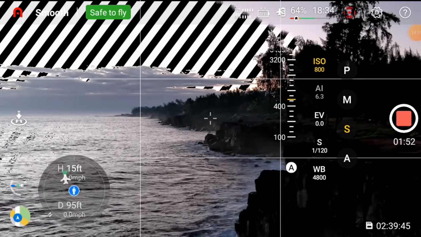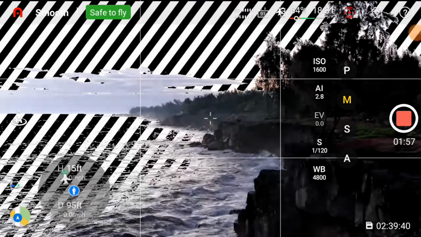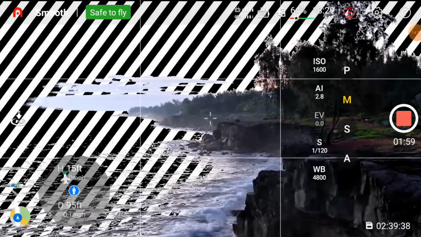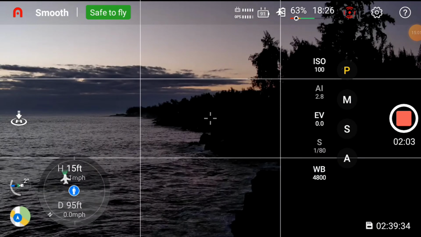So while flying, the one thing that I've noticed is, why did you give me ND filters if you, even in Pro mode, don't give me full control of the manual settings? So there's always something that is automated. Unless I missed something, I still have to figure out a little bit more, but I tried to readjust it, and as soon as I had ND filters on it, it just automated itself.